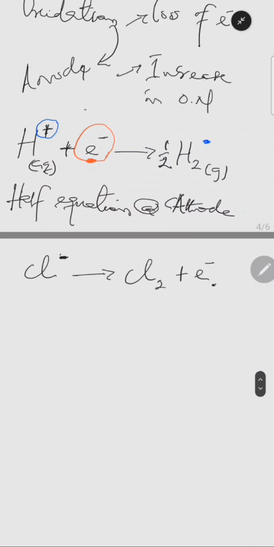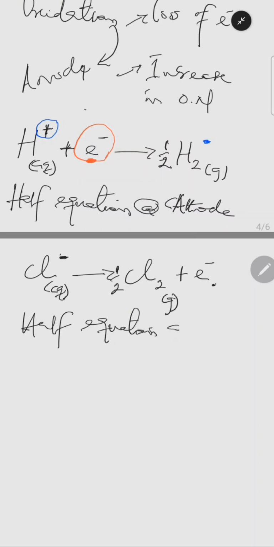But yet the number of chlorine is not balanced, because here we have 2 chlorine and here we have 1. So just simply put half at the back. Half multiplied by 2 is 1. So this is aqueous and this is gas. So this is the half equation at the anode.